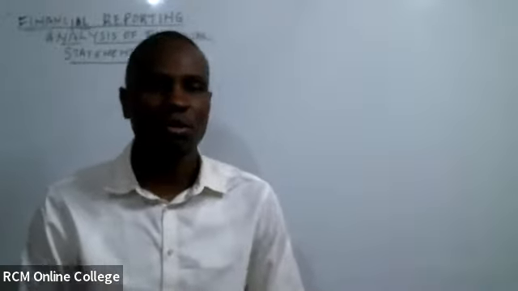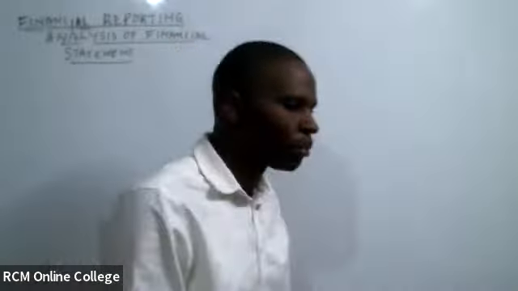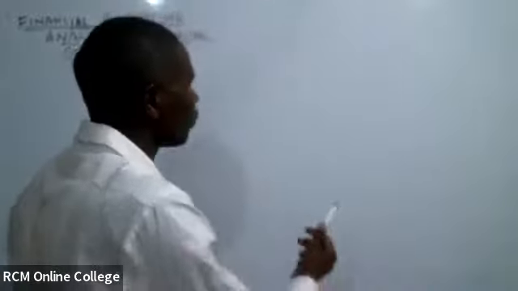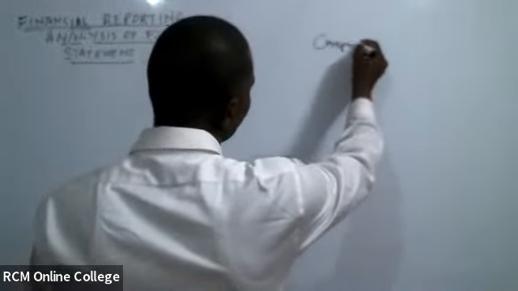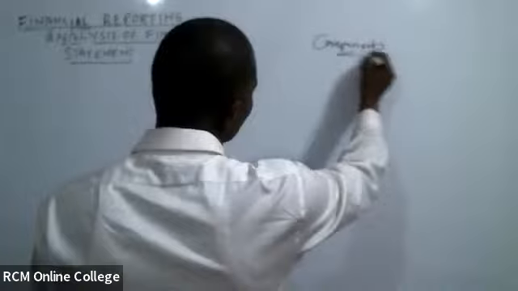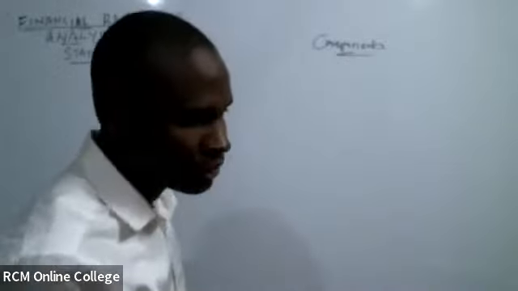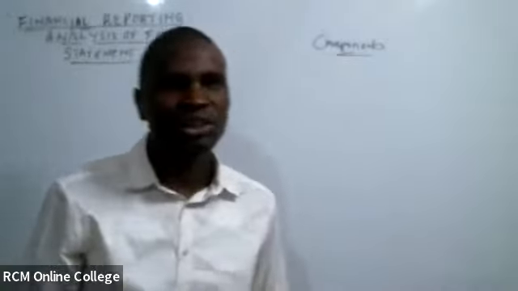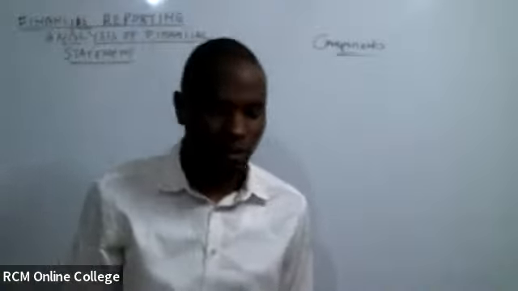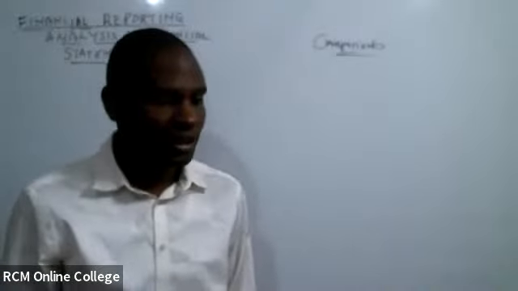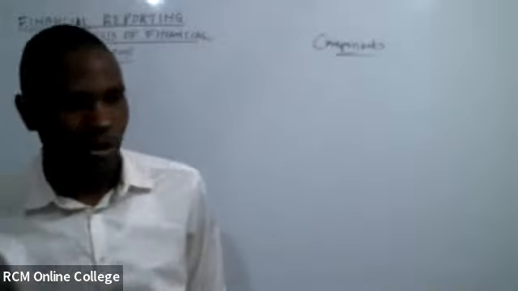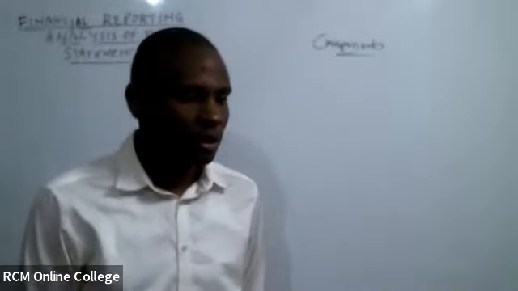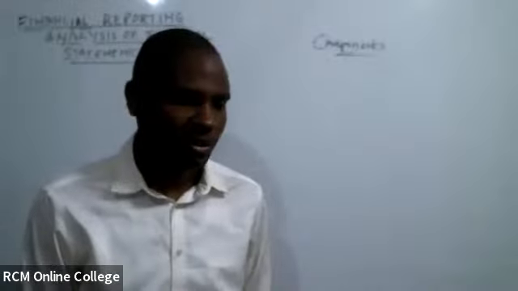So we have several components, almost 5 components of financial statements. We have the income statement, statement of financial position, statement of cash flow, statement of changes in equity, and the 5th one is the notes to financial statements.